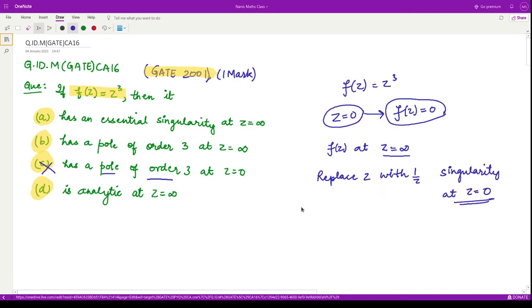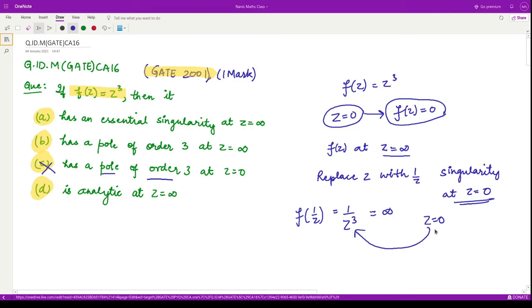So our function now becomes f of 1 by z, and this is 1 by z cube. Now if we check the singularity at z equal to 0, when you plug z equal to 0 into this function, you will get infinity.